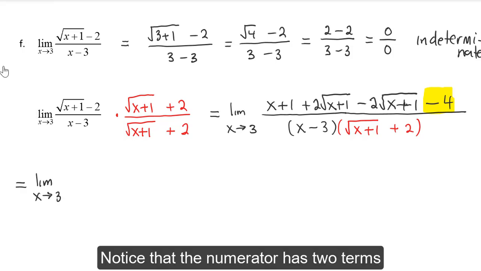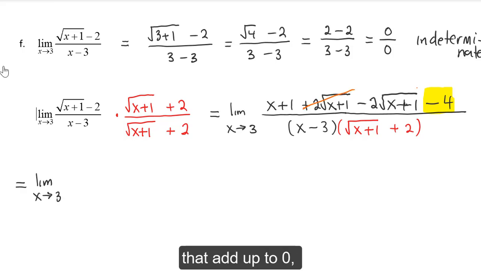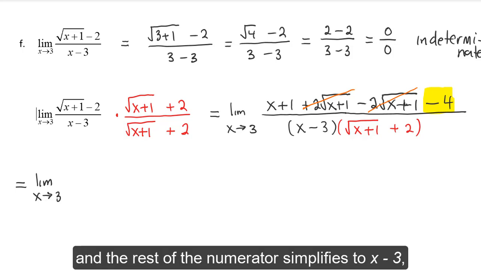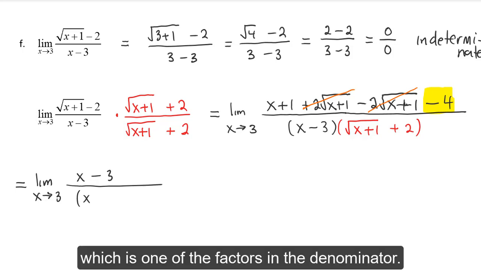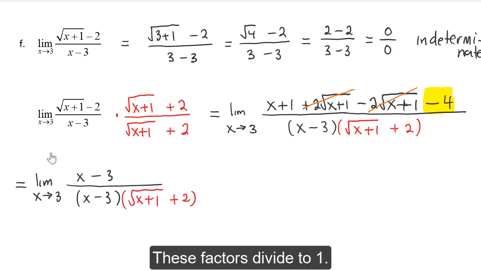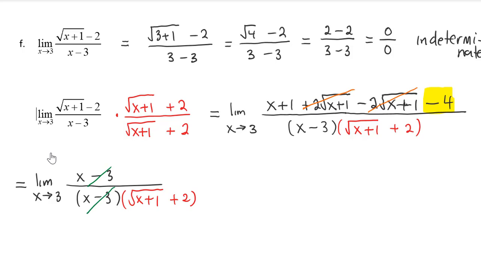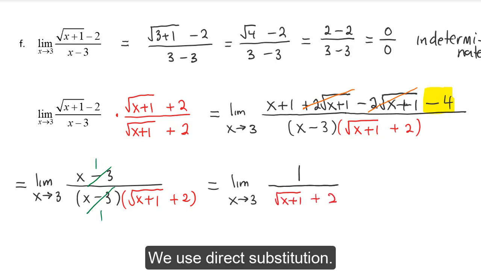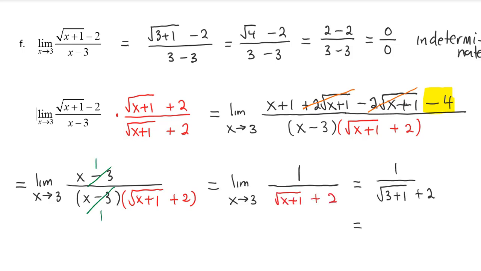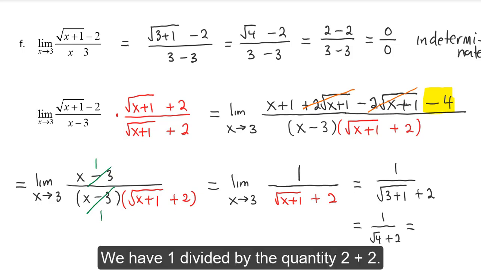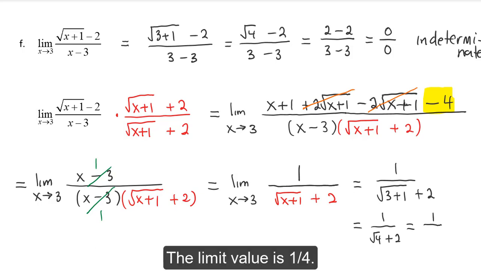Notice that the numerator has two terms that add up to 0, and the rest of the numerator simplifies to x minus 3, which is one of the factors in the denominator. These factors divide to 1. We use direct substitution. We have 1 divided by the quantity 2 plus 2. The limit value is 1/4.